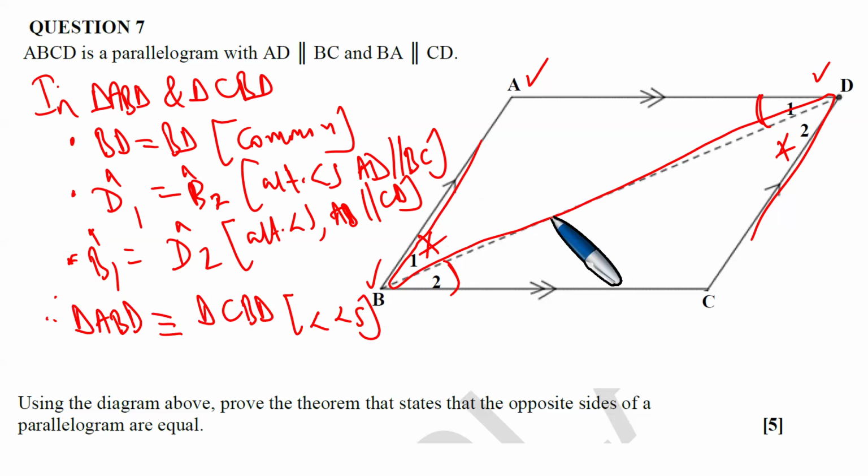And because of this congruence, we're able to see that therefore AD is equal to BC. Yeah, because then we've been able to prove the theorem which says that the opposite sides of a parallelogram are equal, so that AD is parallel to BC.